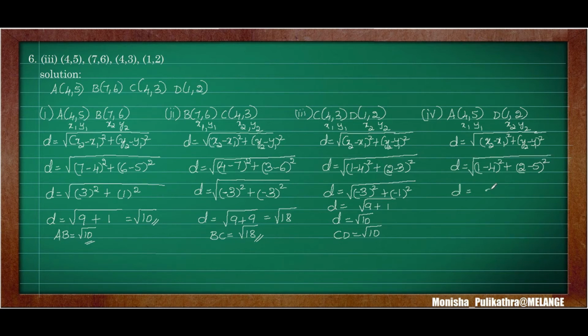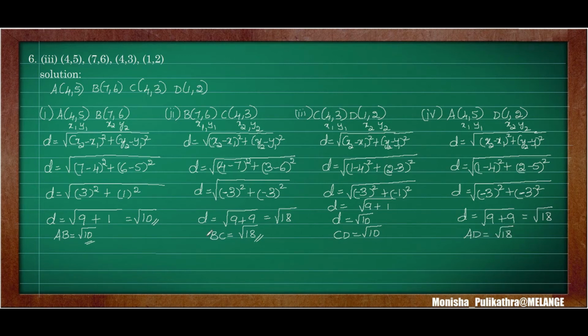Here 4 minus 1 is 3, larger number sign minus. So put minus here. Next 5 minus 2 is also 3, larger number sign is minus. So D is equal to minus 3 whole square is 9 plus 9. That will be equal to root 18. So the value for AD is equal to root 18.